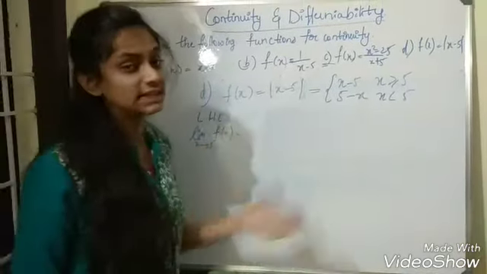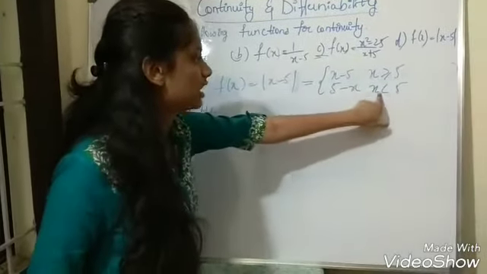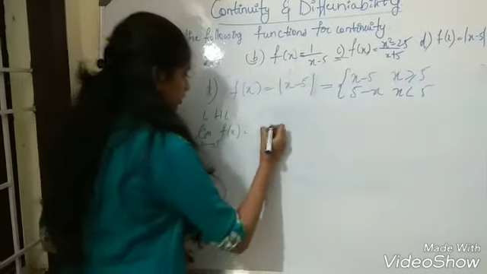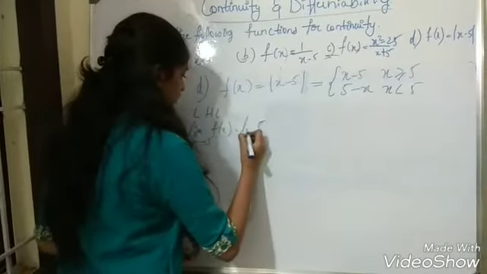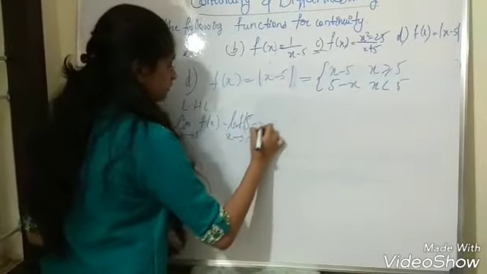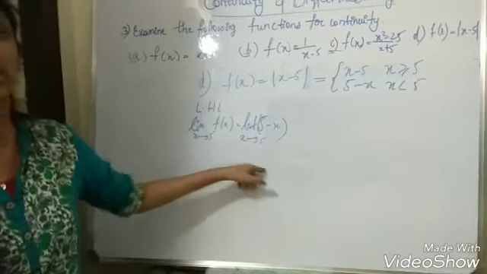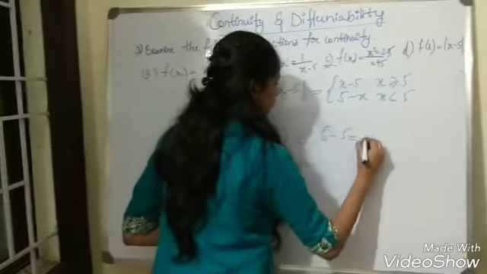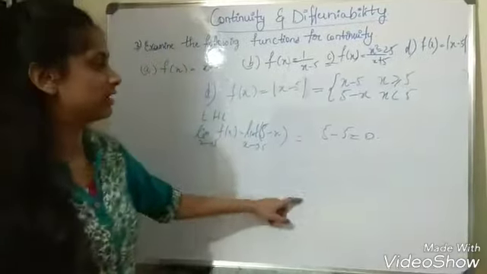So when the value of x is less than 5, the value is 5 minus x. Limit x tends to 5 minus of 5 minus x. As x's value is approaching 5, we write this as 5 minus 5 is equal to 0. So its left hand limit value is 0.